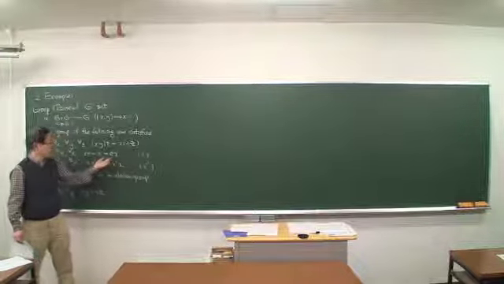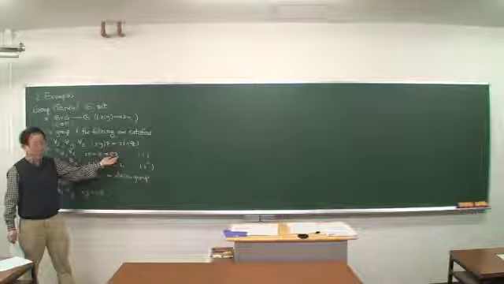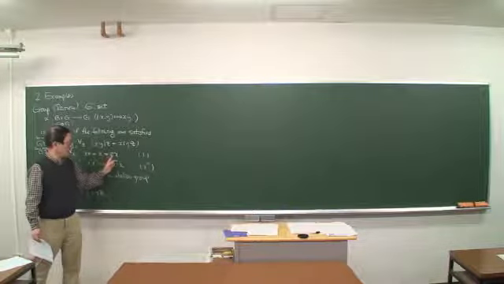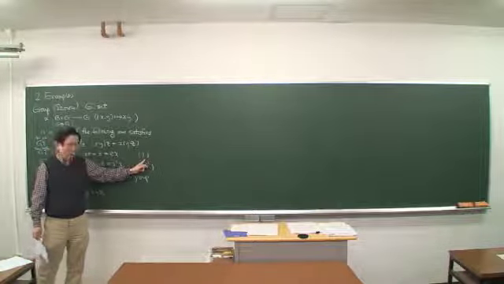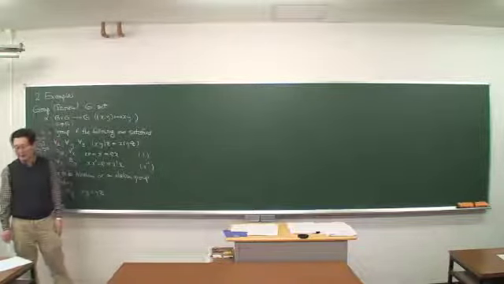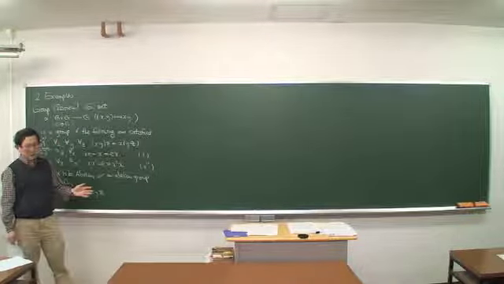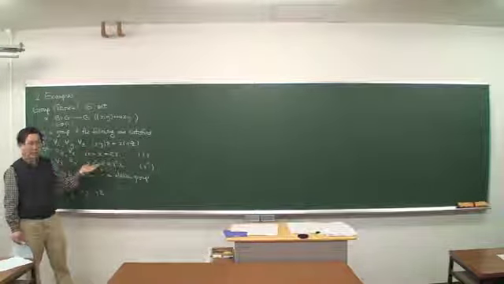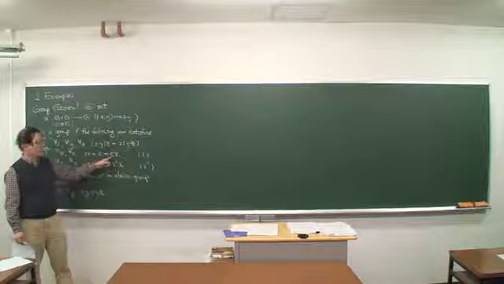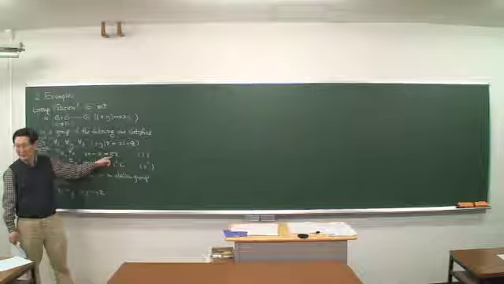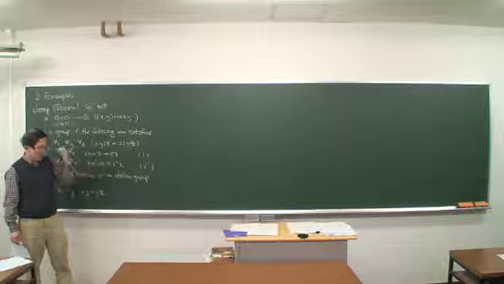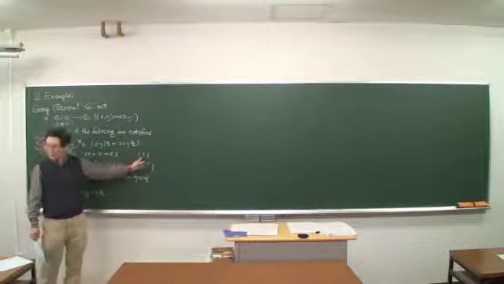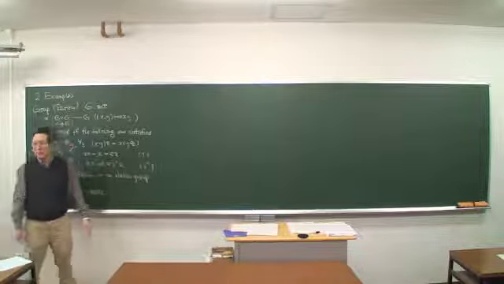So sometimes, instead of writing e, we write 1. But in the beginning, I think it's better to distinguish the numbers and the elements of groups, so I will try to use e for identity elements. But as you get used to this type of notation, I may just freely use the notation 1.